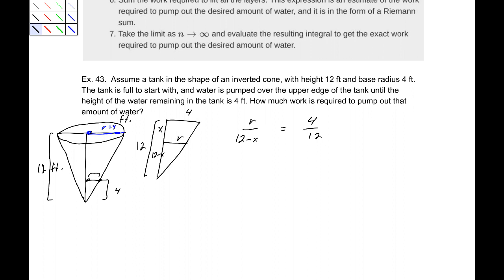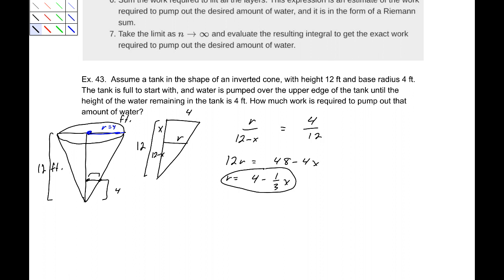If we use some algebra here, multiply across, we get 12r equals 48 minus 4x. Dividing by 12, our radius at a depth of x is going to be 4 minus x over 3, or 1/3 x. To find the volume of our representative slice, we need this radius function.